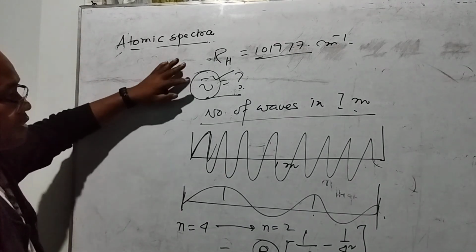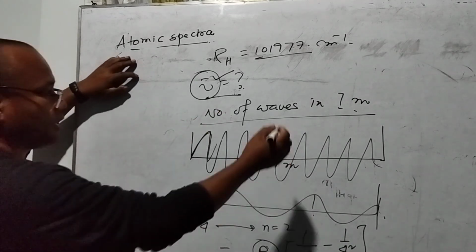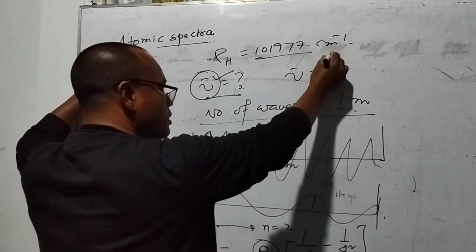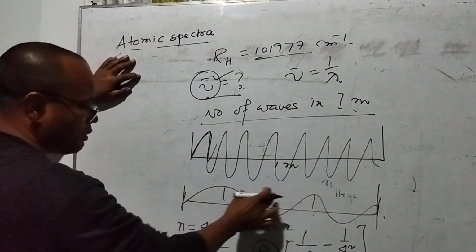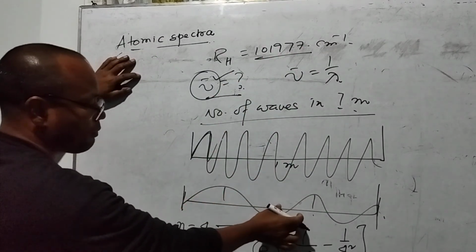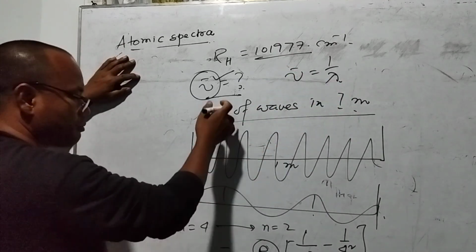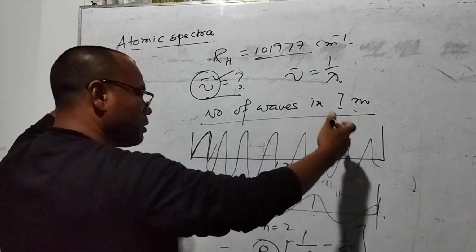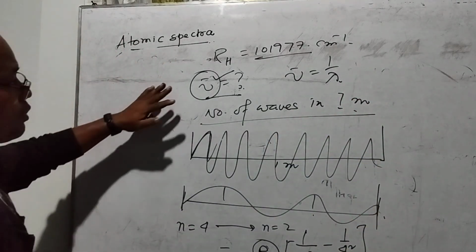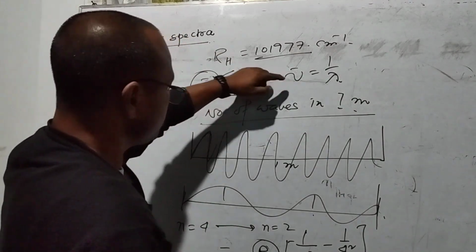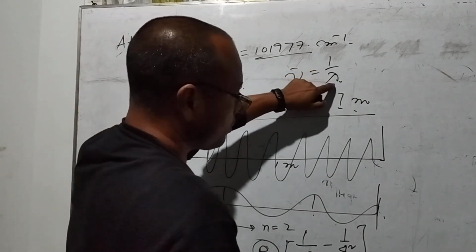So what is the relation between the wave number and the wavelength? I confirm that wave number is the reciprocal of the wavelength. Longer the wavelength, lesser the number of waves; shorter the wavelength, maximum number of waves travel in the particular distance. So when we calculate the wave number from the Rydberg equation, we can calculate the wavelength.